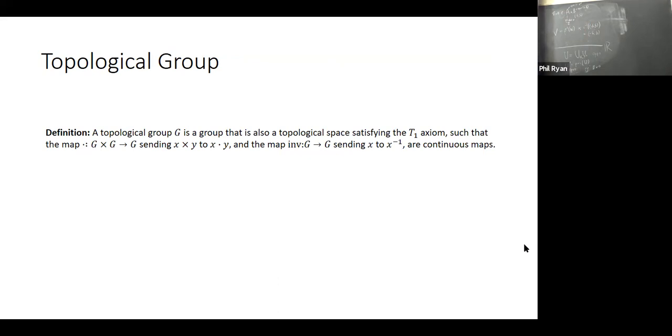It's got to satisfy the group requirements, which are associativity, inverse, identity, closed under product, etc. And then the topological requirements are the T1 axiom, which means every finite collection of points is closed, and the fact that the group operation and the group inverse are continuous functions.